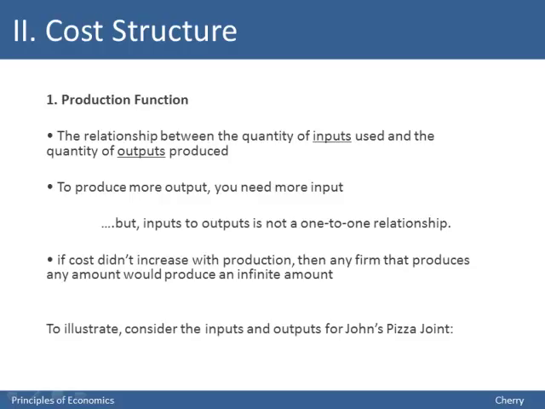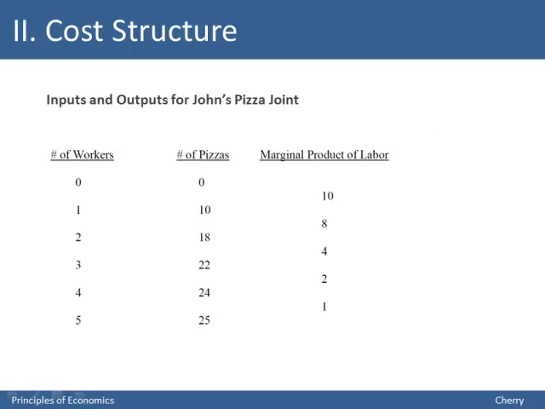So what we're going to do is go through an example, John's Pizza Joint, to illustrate the production function, but we're also going to extend that to look at some other issues as well. So let's first look at, for John's Pizza Joint, inputs and outputs. The input that we're going to look at is the number of workers.